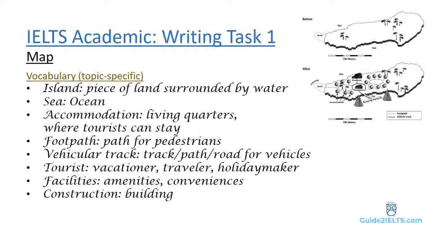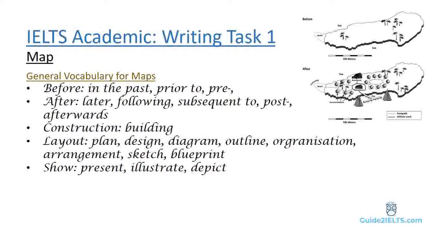Footpath, path for pedestrians. Vehicular track, track or path or road for vehicles. Tourist, traveler, holidaymaker, vacationer. Facilities, amenities. Another possible synonym is conveniences, which hasn't been used in our writing. Construction, building. However, when preparing, we should always pay more attention to the general vocabulary.